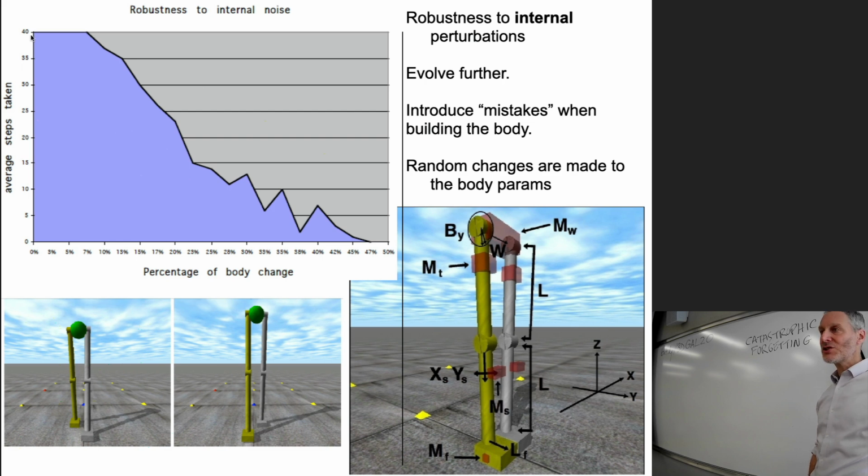The most fit machine at the end of phase 5 could take 40 steps before falling over, and even up to about 8 or 9% manufacturing error, there was no effect on behavior. It was still taking 40 steps and then falling over. And then beyond that, these internal mistakes, these physiological errors started to catch up with the machine.